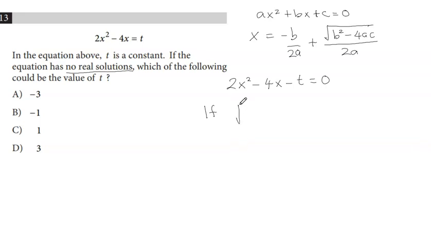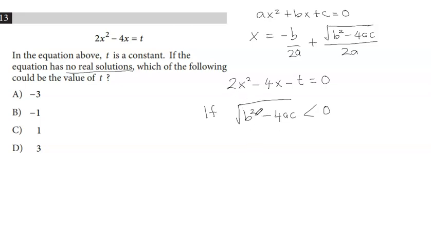So if b squared minus 4ac, right, is less than 0, then we do not have a real solution. So let's go ahead and substitute the values for b, a, and c.